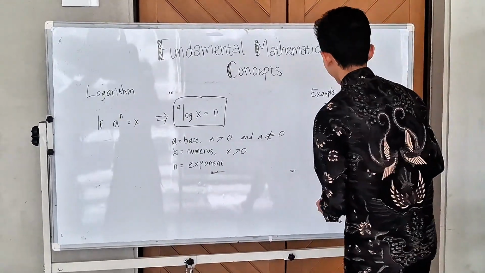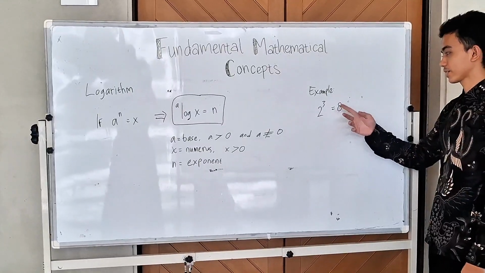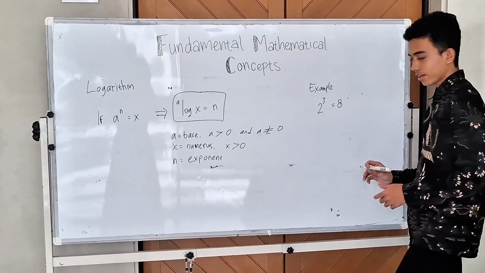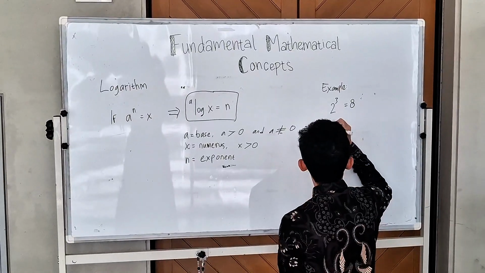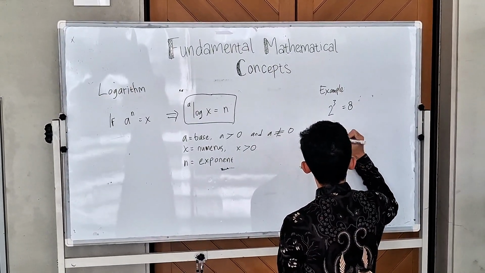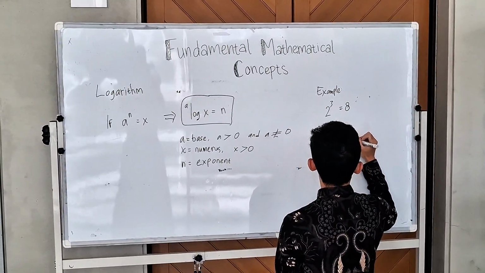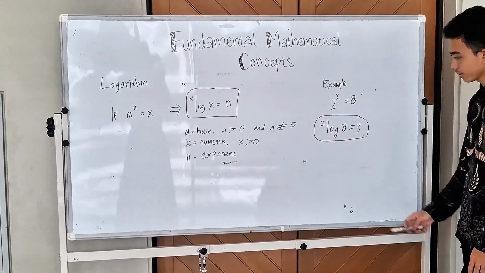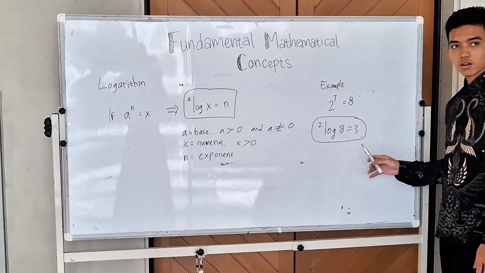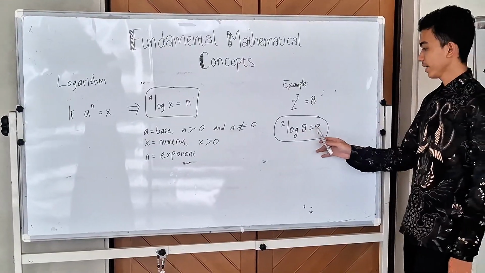For example, we have 2 to the power 3 equals 8. Then it will be log base 2 of 8 is 3.